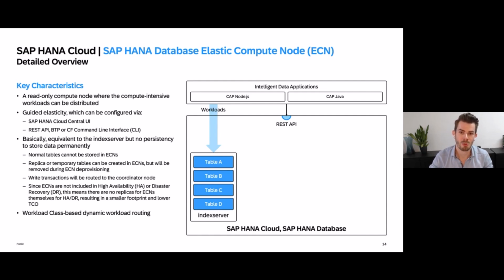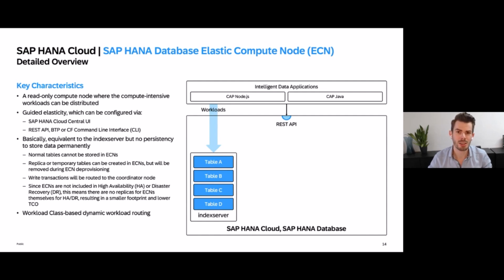And one thing to also keep in mind, as this concept is not meant to be a solution for high availability or disaster recovery, the Elastic Compute Nodes are not integrated into these overarching concepts as well. So they are really just meant for handling temporary, extensive compute scenarios on your system.